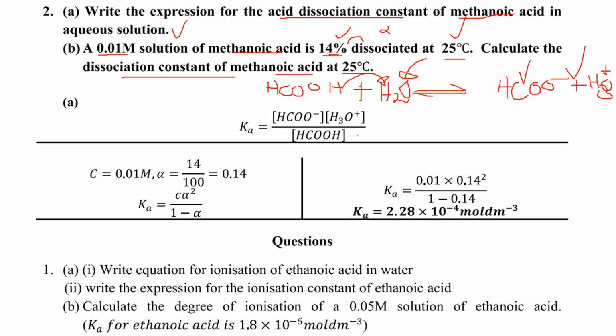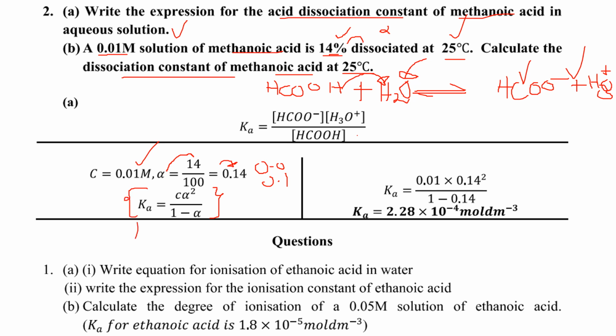Now, noting down the data given for part B, the concentration was given as 0.01 molar. The degree of dissociation is 14%, which is the same as 14 divided by 100, and simplifying gives you 0.14. Now, this degree of dissociation is not 0.0something, it's 0.1something. Whenever you have a degree of dissociation like 0.1something, you use the general expression.